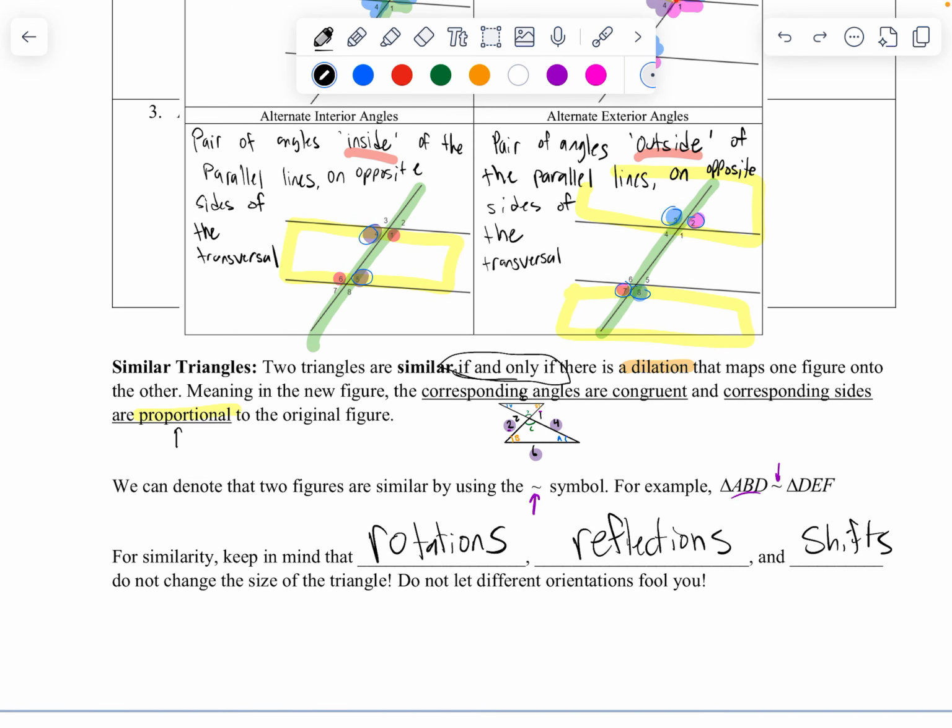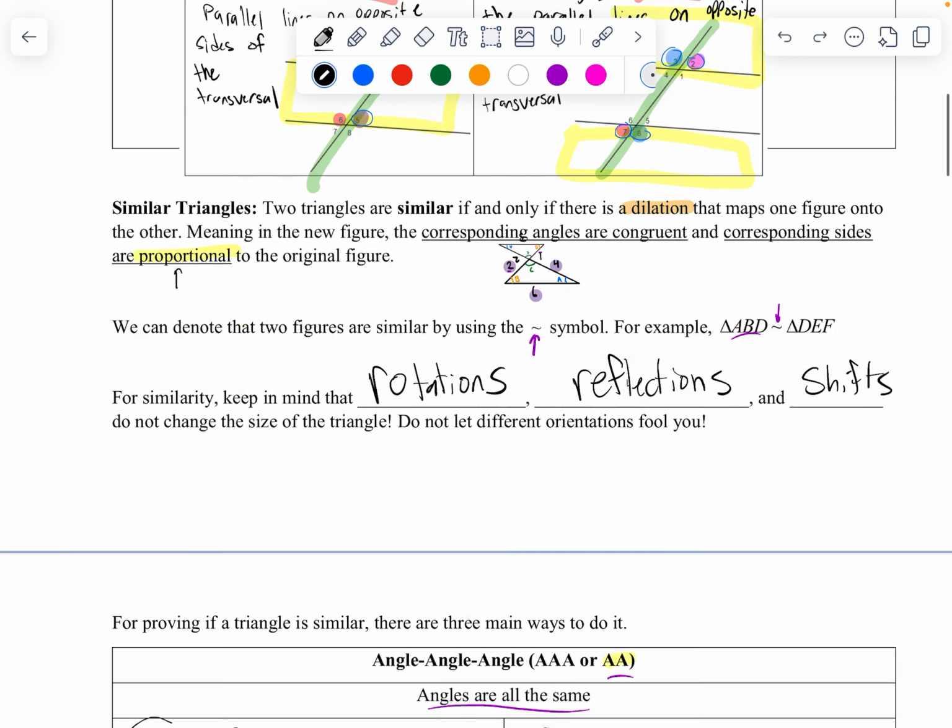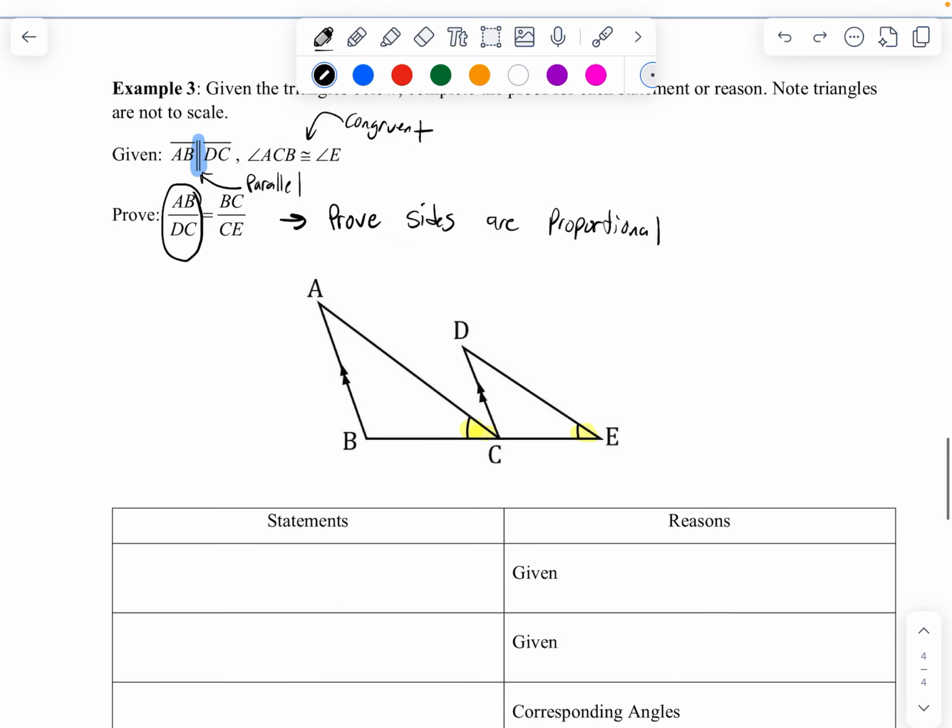if and only if, this means it's going to go both ways, right? If your angles are congruent, you can say that your corresponding sides are proportional. If you have similar triangles, you are guaranteed proportional sides, all right? That means that to do this, we need similar triangles.